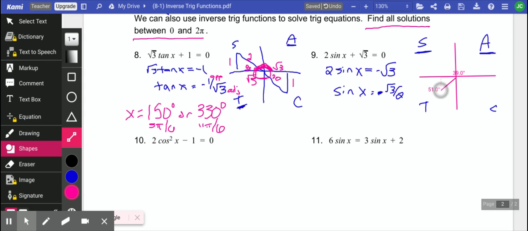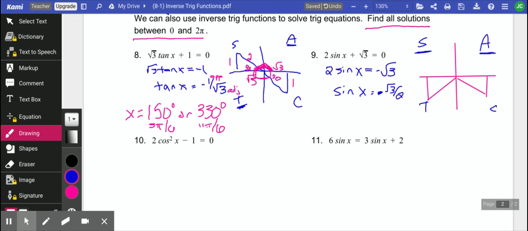Okay, so it means we're going to draw a triangle here, and we're going to draw a triangle here. Okay, so sine is opposite over hypotenuse. So I'm going to label my sides root 3 and 2.